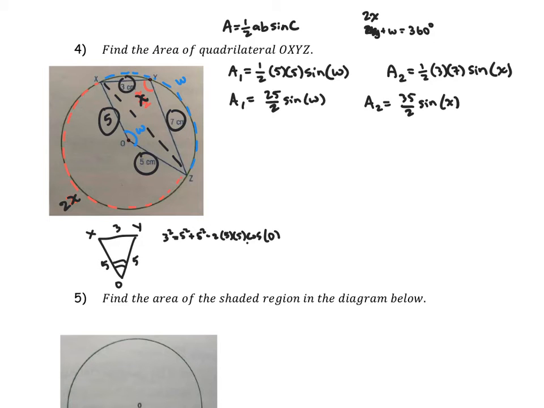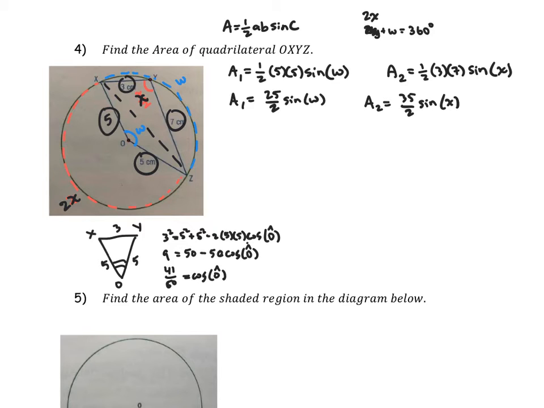So I'm going to call that angle O. Not cosine of 0, cosine of angle O. So that'd be 9 is equal to 50 minus 2 times 25, which would be 50 cosine of angle O. I'm going to subtract 50 and divide by negative 50, and I would get 41/50ths is equal to cosine of angle O.